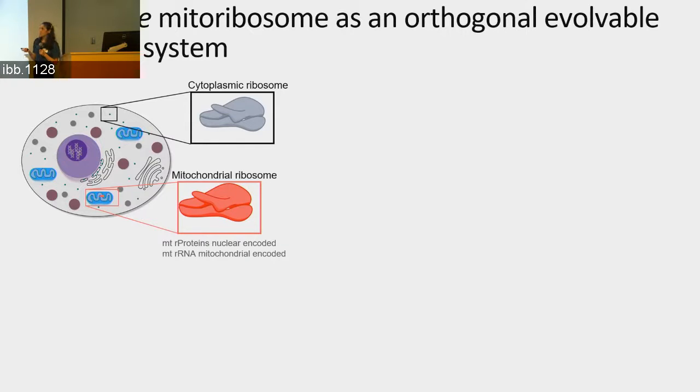And they're completely separate, so their translation doesn't affect each other. While the ribosomal proteins are nuclear encoded for the mitochondria, they have a specific sequence sending them to mitochondria. So there's no issue of cross-talking of these two. And so I have the system for using these mitochondrial ribosomes.